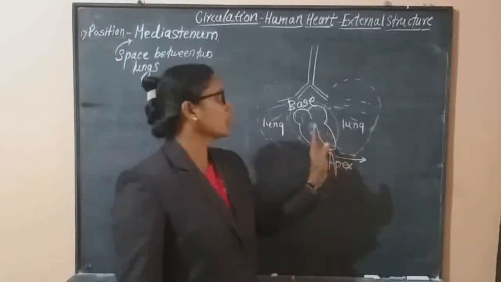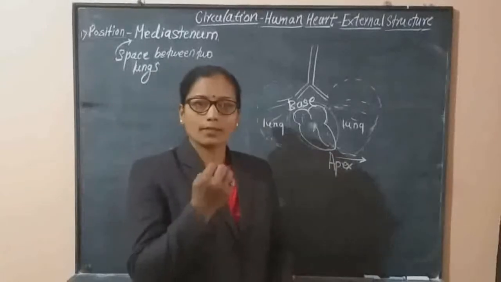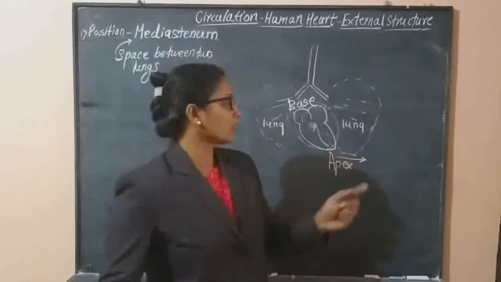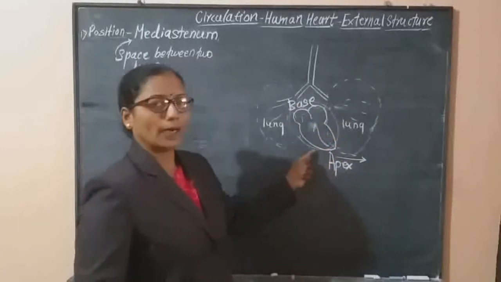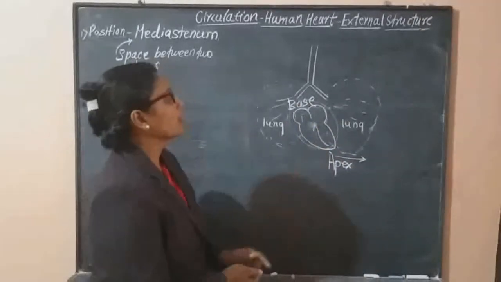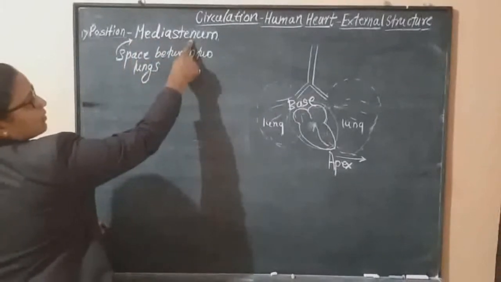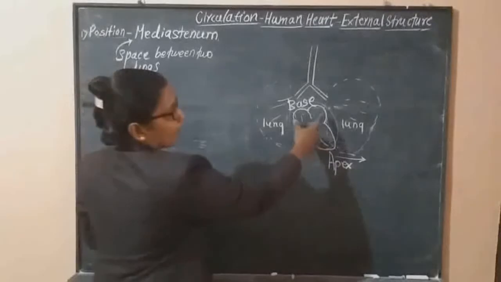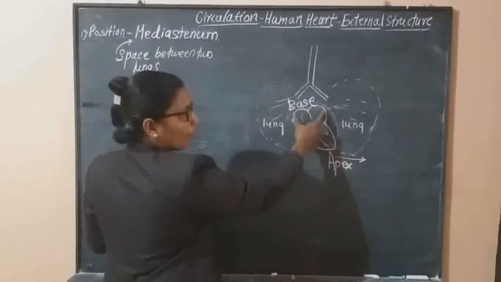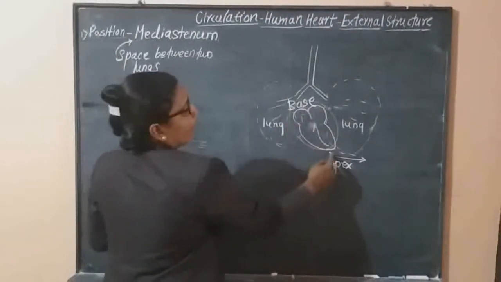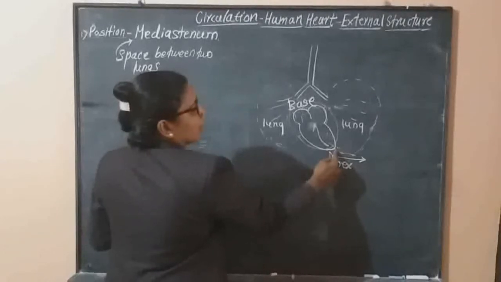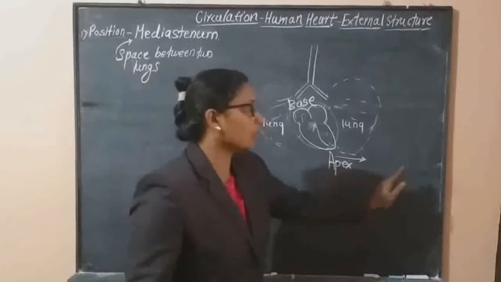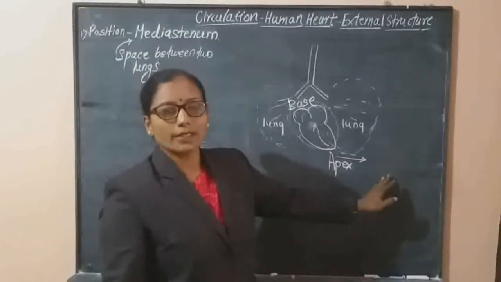If you observe the human heart, its size is like our own fist, and it is located in the mediastinum, the space between two lungs. The human heart is broad at the upper end, which is called the base, and conical at this end, called the apex, and this apex is tilted somewhat towards the left side.